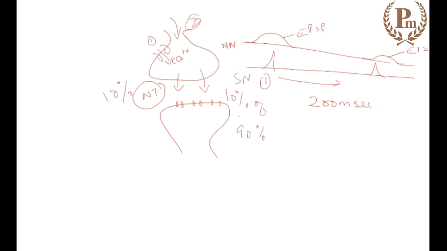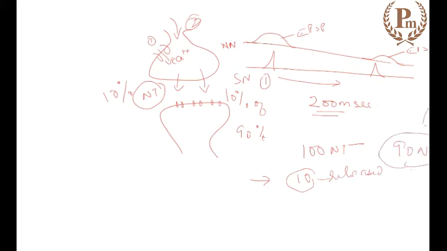I hope it makes sense. What does this mean? Take an example. I was having 100 neurotransmitters. When I gave the first impulse, I got only 10 of them released. Since the second impulse is coming after a gap of 200 milliseconds, what am I remaining with now? Suppose I'm remaining with 90 neurotransmitters.